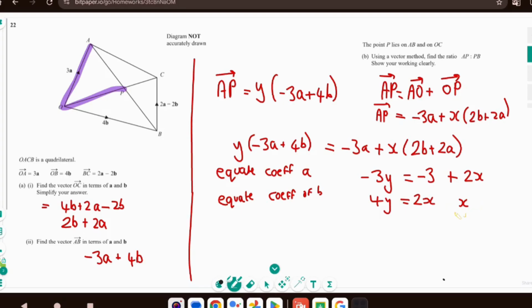So if I divide the right hand side by 2, we've got x. We divide the left hand side by 2, we've got 2y. So we know x is equal to 2y. And I'm going to sub this into this equation at the top. So if I do that, we get minus 3y equals minus 3 plus 2 times 2y.